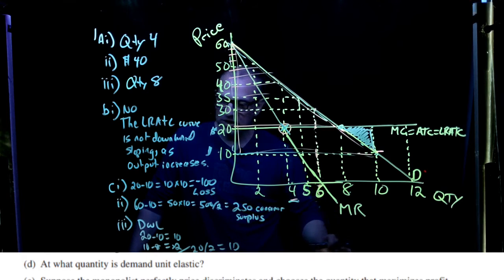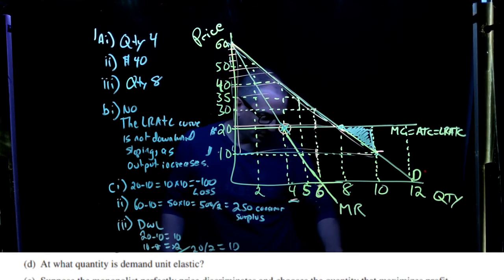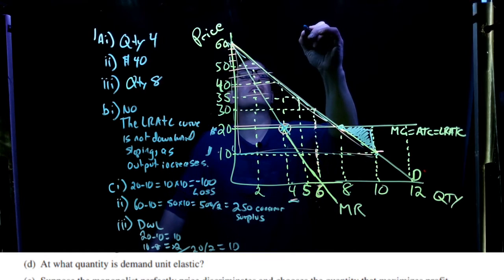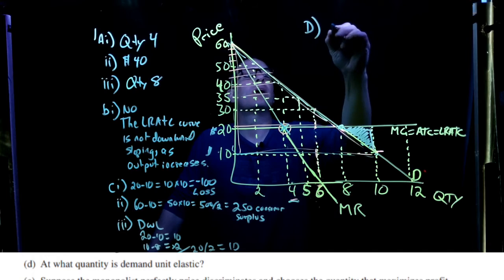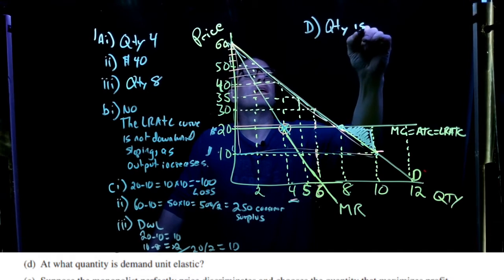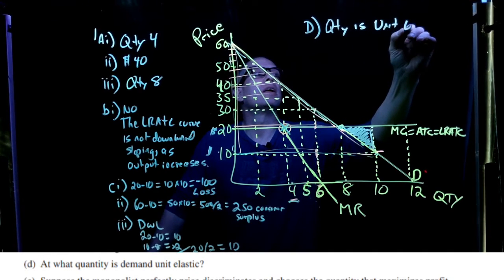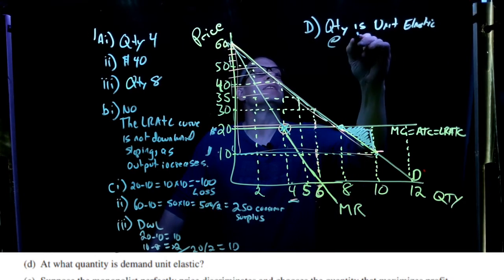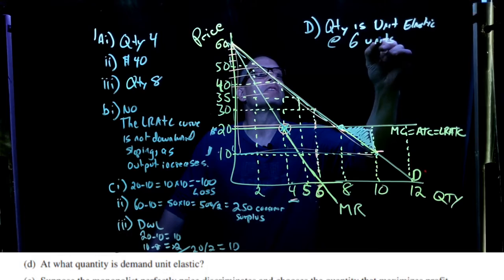Okay. Next question for D. I'm going to move D up here. D says, at what quantity is demand unit elastic? So D, quantity is unit elastic at 6 units. Why?